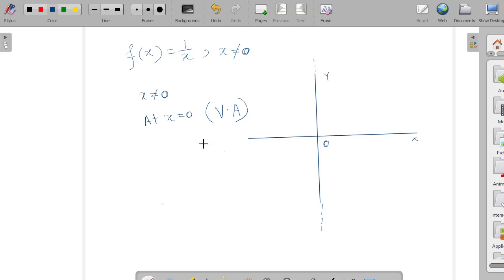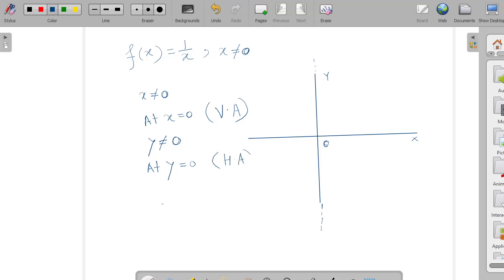At x equals 0, the y-axis is our vertical asymptote, and moreover we have a horizontal asymptote too, because the numerator of this function cannot be equal to 0, that is, y cannot be equal to 0. So this tells me that this function cannot have a 0 value. Therefore at y equals 0 we have a horizontal asymptote.